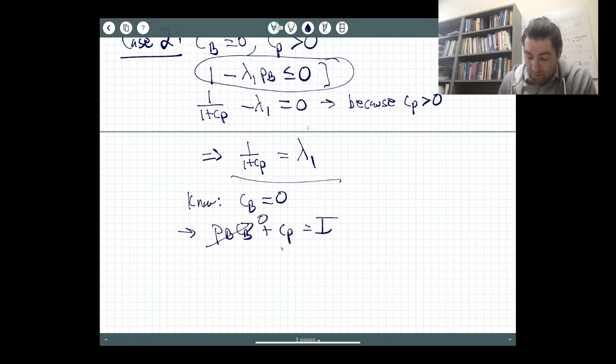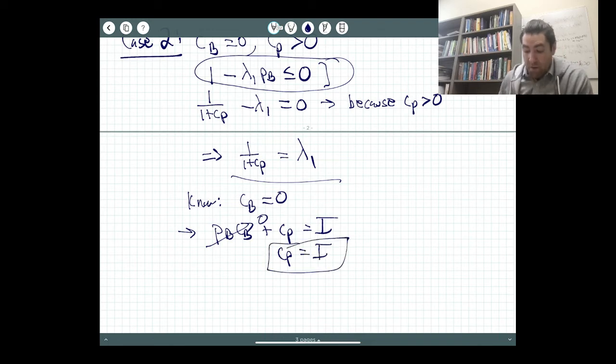If that is 0, well, CP is simply equal to I. So we're okay there. So under these assumptions, CB would be equal to 0 and CP would be equal to I.